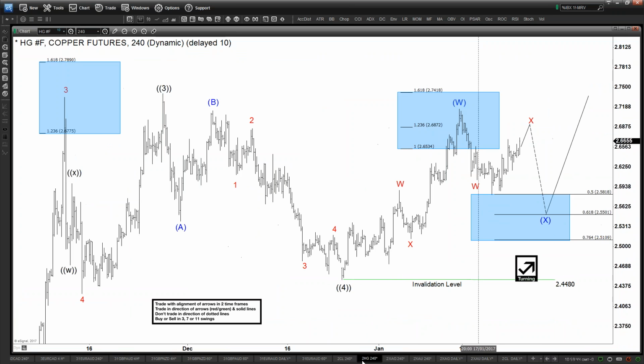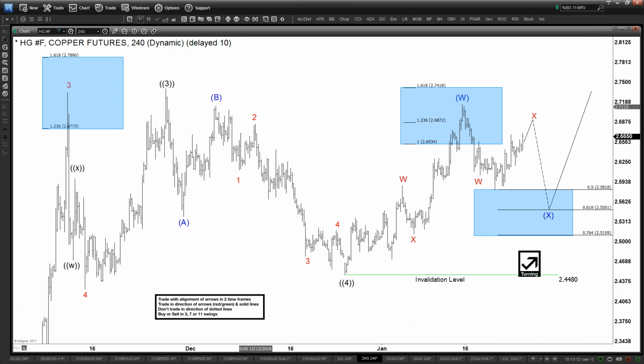Okay, so that's what we like in the commodities and the metals. So if anyone has any questions so far, please let me know. Otherwise, we can move on and take a look at the yen pairs and indices.